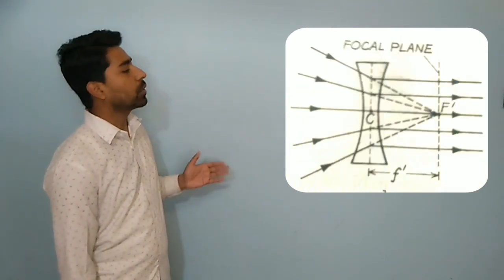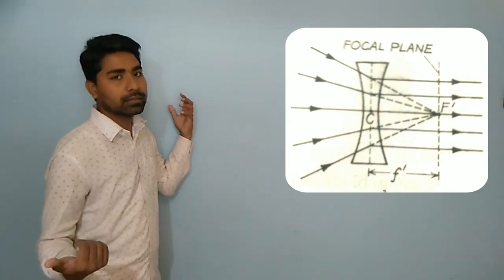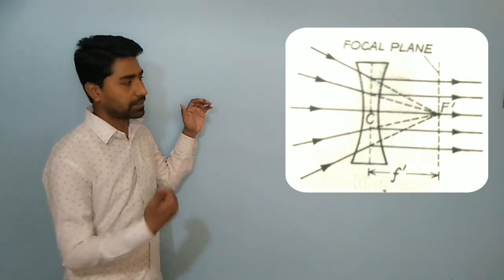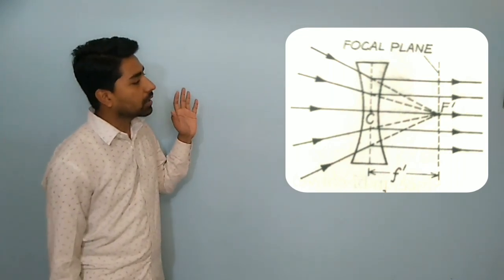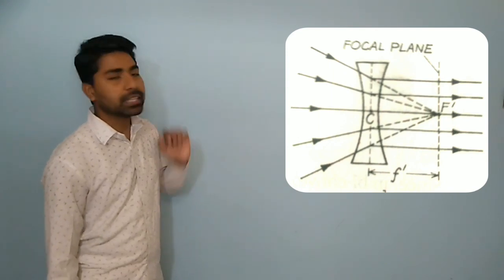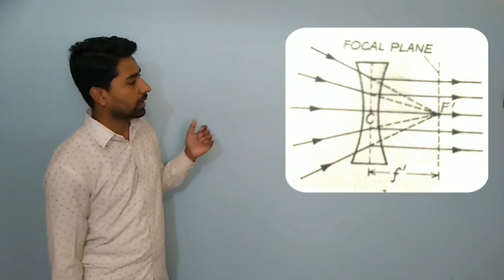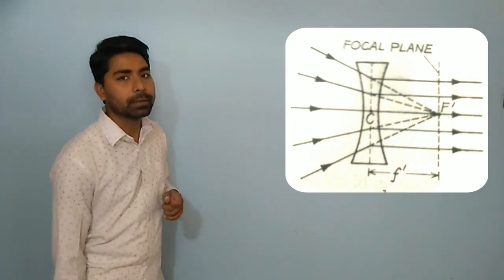But in the case of the concave lens, the rays are coming from anywhere, so these are all divergent rays. If they come on the lens, after refraction they become parallel. See, all the rays come on the lens and after refraction they become parallel.